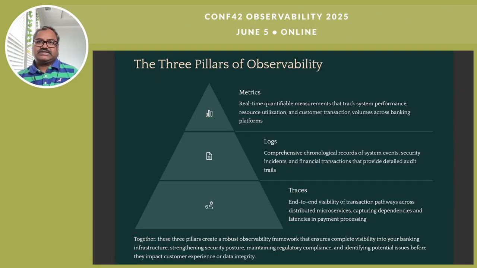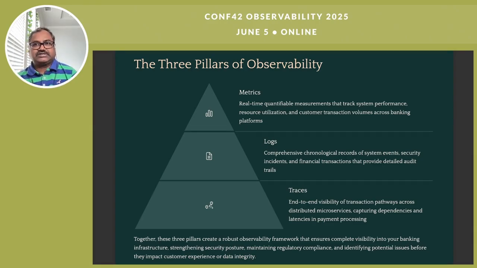So how do we build this observability? What are the tools that we have right now? We collect a lot of information. Metrics are real-time quantifiable measurements that track system performance, resource utilization, and customer transaction volumes across the banking platforms.